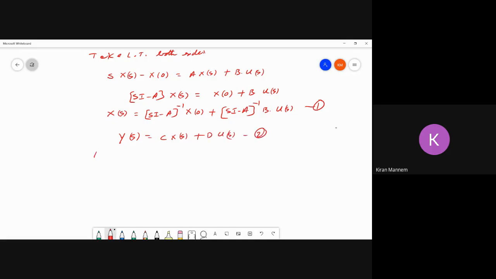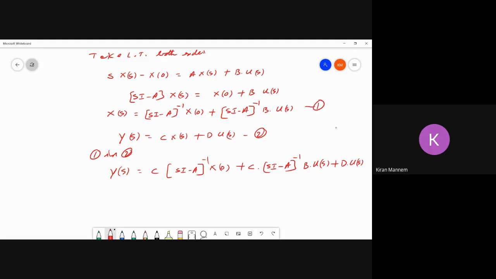Now substituting 1 into 2, your y of s would be C into (sI minus A) inverse into x of 0 plus C into (sI minus A) inverse into B into u of s plus D into u of s, right?